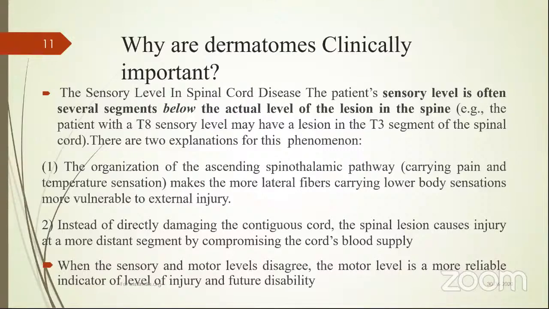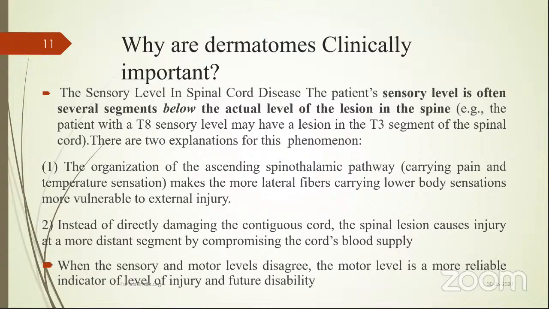Another thing they say is because of blood supply. With injury to the blood supply to the spinal cord, because of one part of the spinal cord injury, the blood supply will be affected, so another part of the spinal cord will be without blood supply. Those features you can also see in the dermatomes. So what you understand clinically is this: if you see a level of dermatome, you get one idea; at the same time, you see the muscles, you get another idea. So there will be confusion.